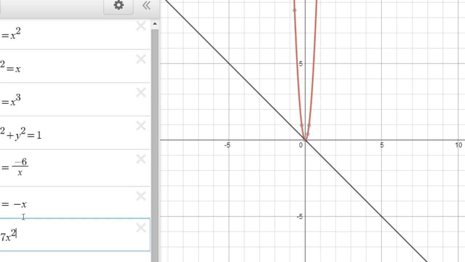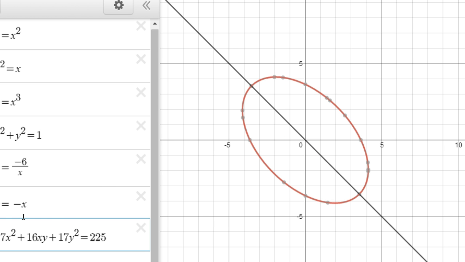17x squared plus 16xy plus 17y squared equals 225. Okay, something looks like this. This is a conic.